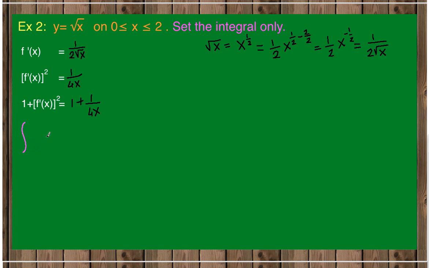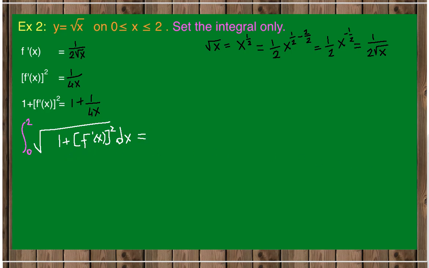Integral from a to b, in our case from 0 to 2, square root of 1 plus f prime of x squared dx. This is the arc length formula.